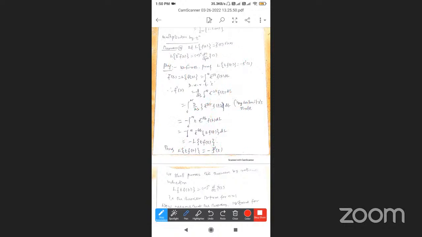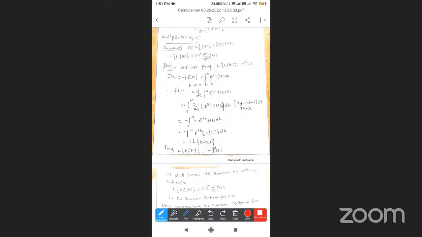Okay now, so the Laplace transform of t into f of t is equal to minus f bar dash of s. Then for the general term we have to prove it by mathematical induction.